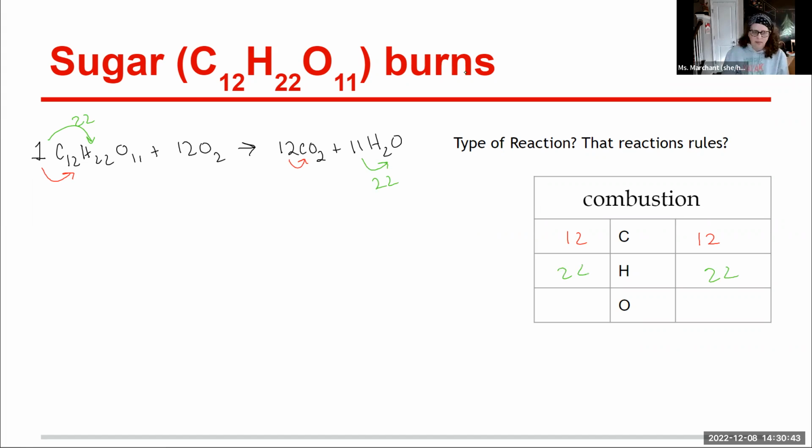Oxygens, 1 times 11, 11. 12 times 2, 24, for a total of 35. On the right, 12 times 2, 24. 11 times 1, 11. 24 plus 11, 35. It's not always just going to be switching those numbers around.